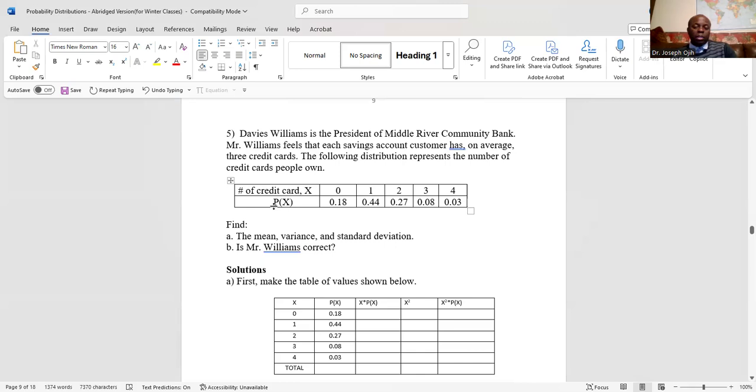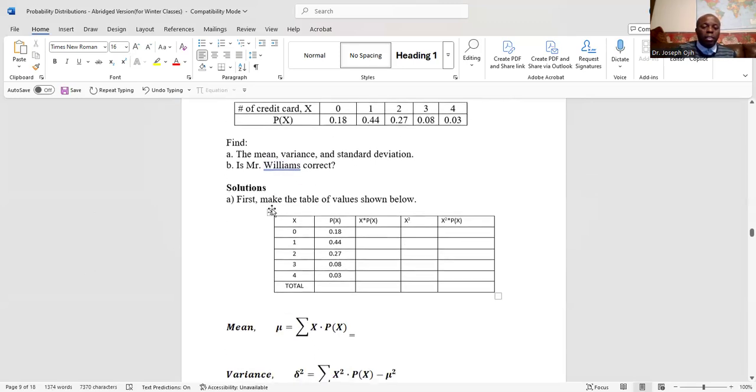The following distribution represents the number of credit cards each person owns and the required probability. So no credit card has 0.18, one credit card has 0.44, and so on and so forth. It says here, find the mean, variance, and standard deviation. Then ask yourself, is Mr. Williams correct? To do that, we make a table in this form.